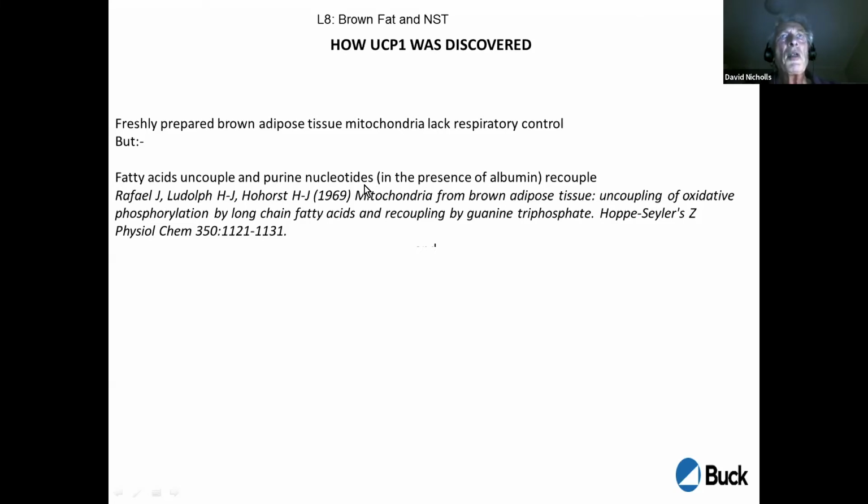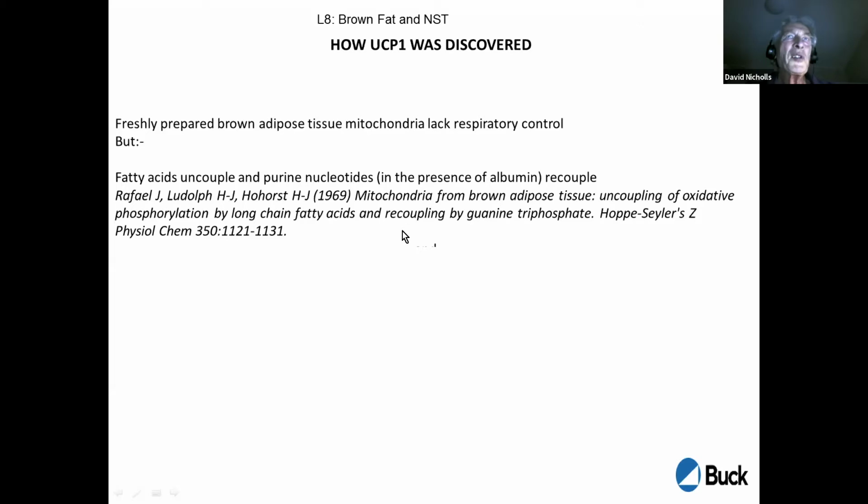And then he started thinking, maybe substrate level phosphorylation is involved. And in those days, we didn't know very much about permeability across the inner membrane. And so he said, let me add GDP or GTP to look for substrate level phosphorylation. He added the GTP, and miraculously, his mitochondria started showing respiratory control.